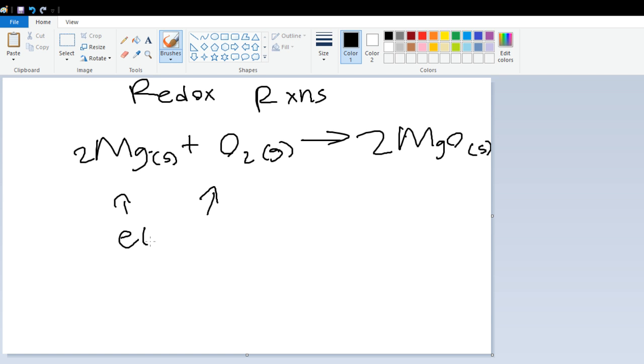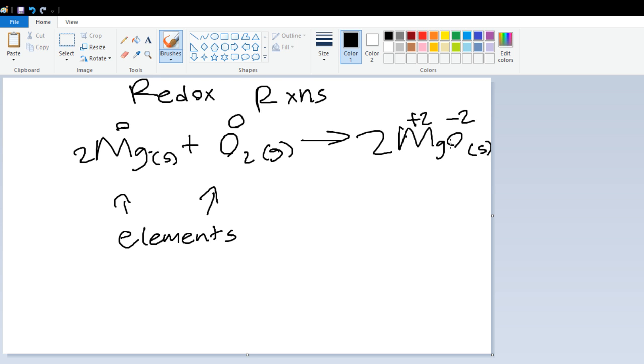Elements have a charge of 0. But over here, when they're combined in a compound, now their charges change. In this case, magnesium is +2 and oxygen is -2.